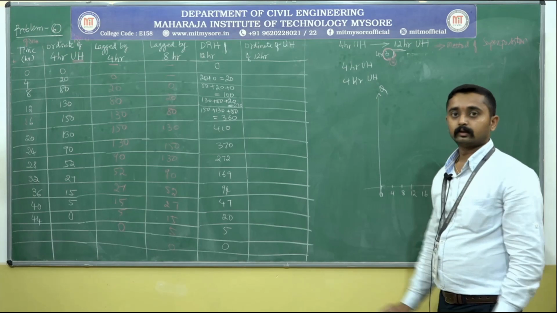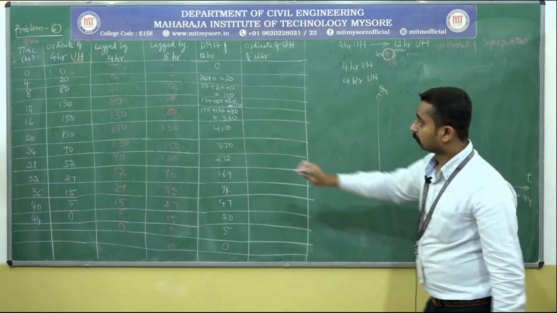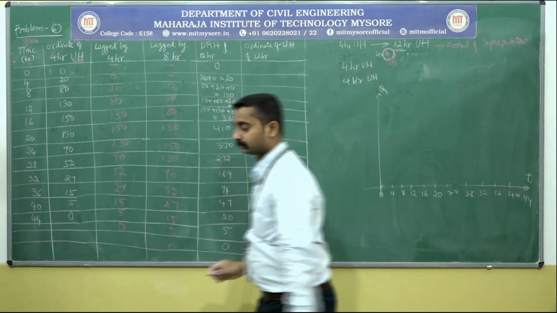This is the time base. Now, a 4-hour unit hydrograph is given. What is the time base? 0 to 44 is the time base.